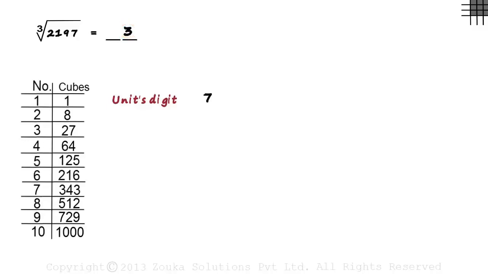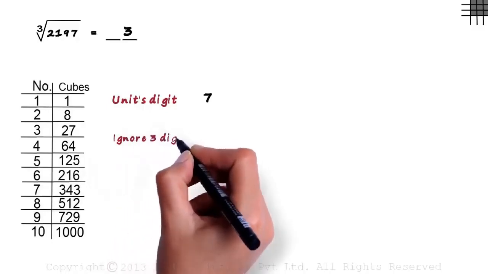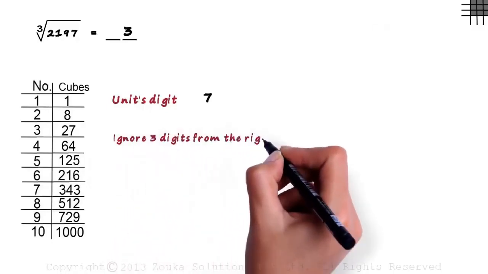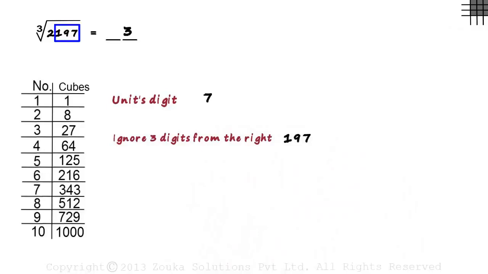Remember, the answer is the cube root of 2197. The next step is interesting. We ignore 3 digits from the right of the number. So we ignore 197 for the moment and look at the number that remains. It's 2. This number is very crucial.